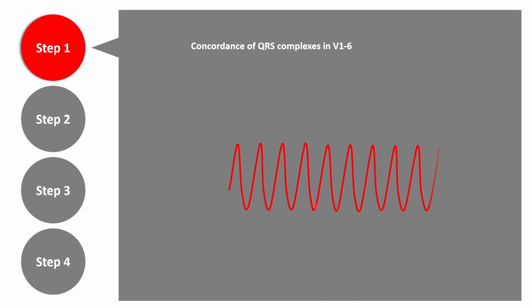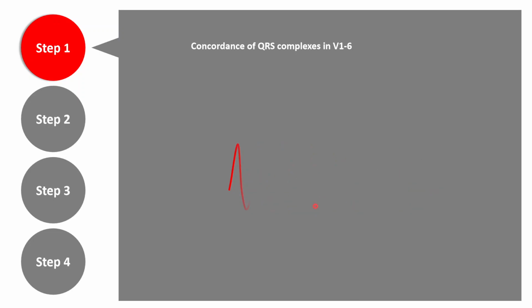And again, if you find positive concordance in one lead and negative concordance in another lead of the chest leads, that is not Brugada criteria. According to the Brugada criteria, in all the chest leads V1 to V6, there should be either a positive concordance or a negative concordance. You cannot have both.